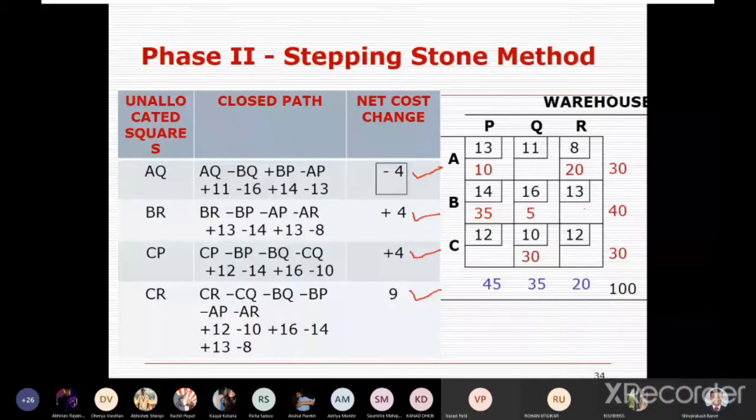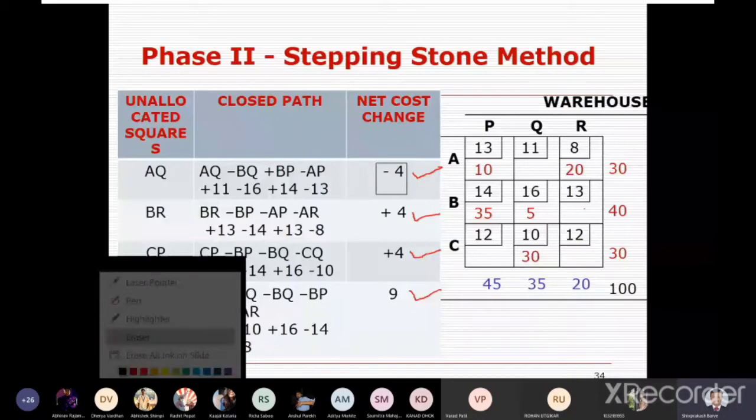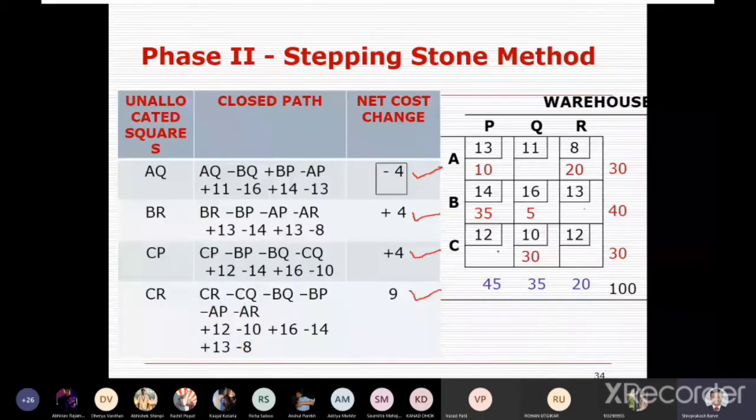Or what is this? Minus 4. So at minus 4 or AQ, I have to prepare the square. Mark alternate, start from positive sign, mark alternate plus and minus, and here it is minus.